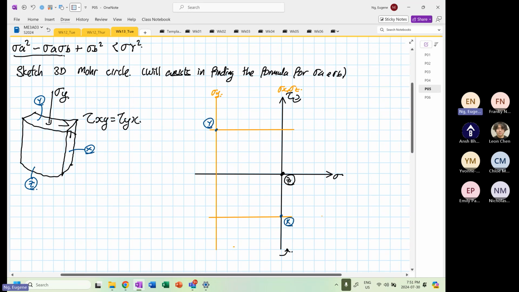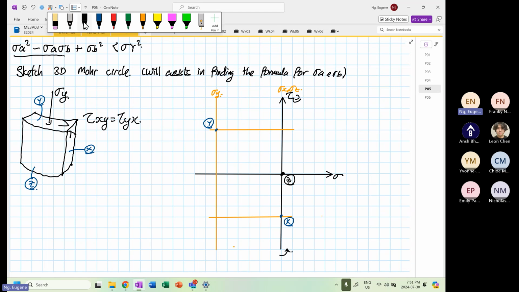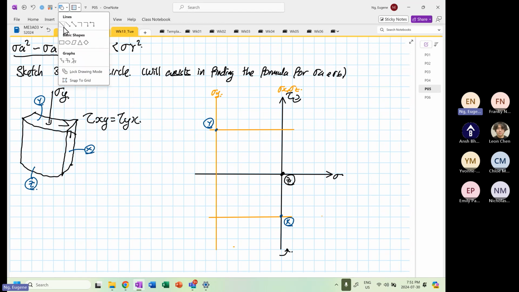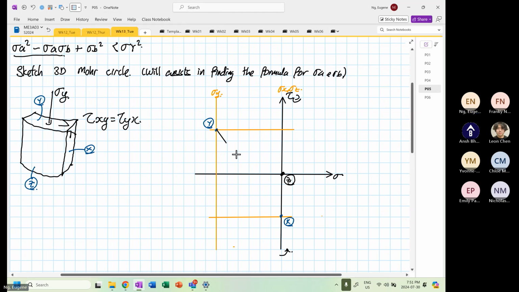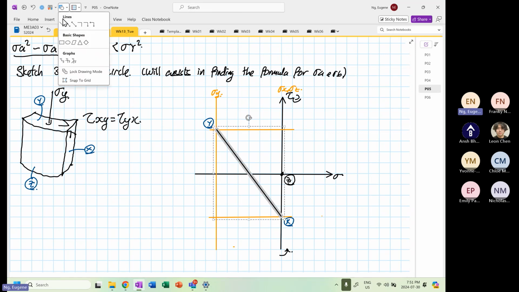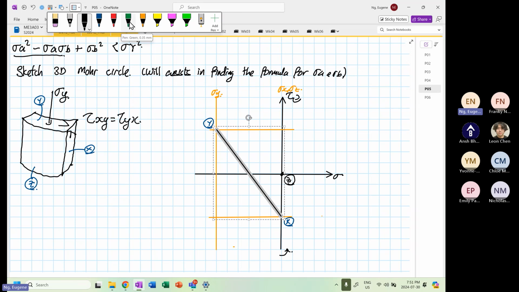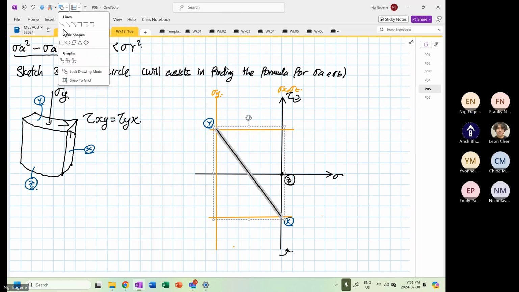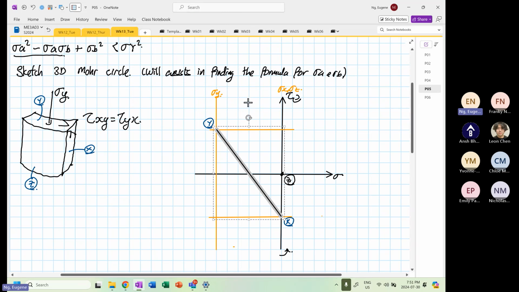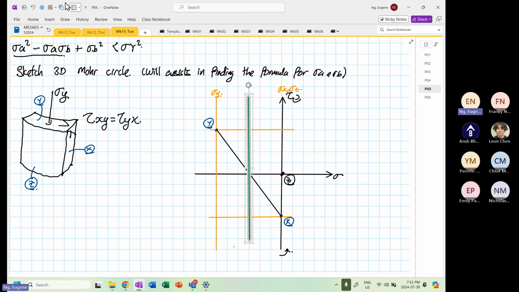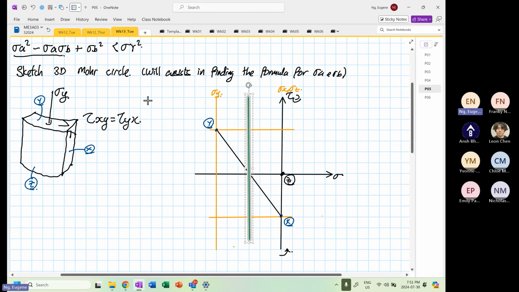Point X got not zero normal stress, but it has a shearing stress. From here, we can sketch a line, and then our average stress line is over here. And then we can draw our first small circle.